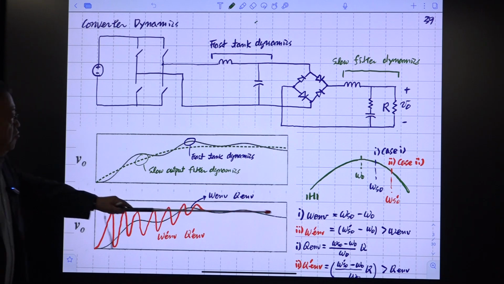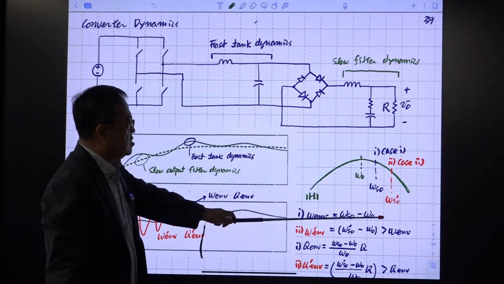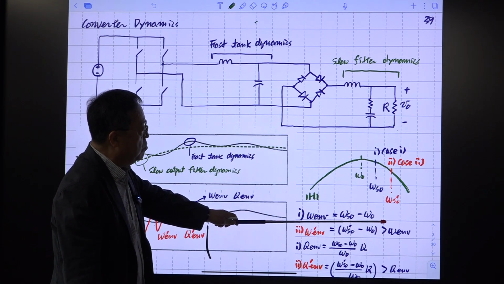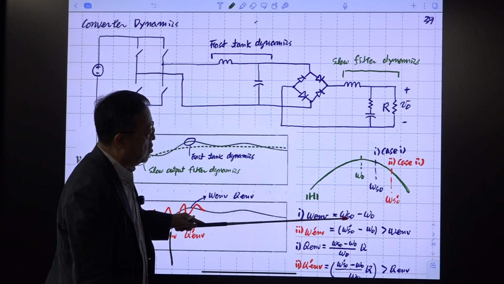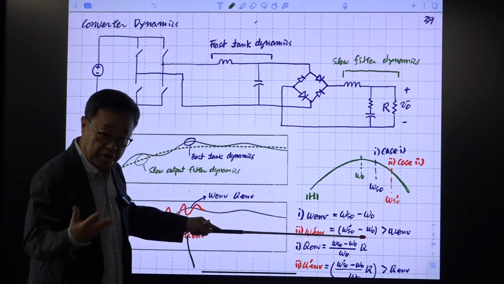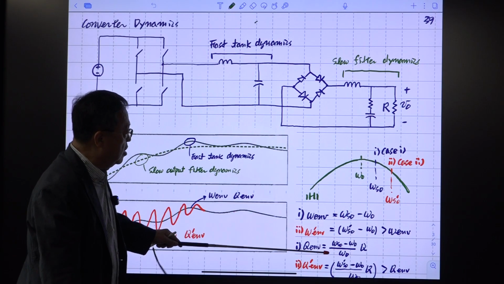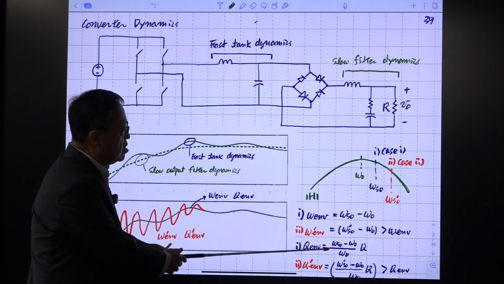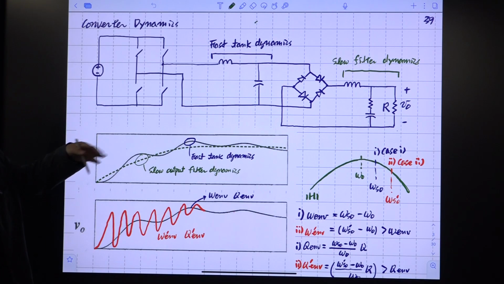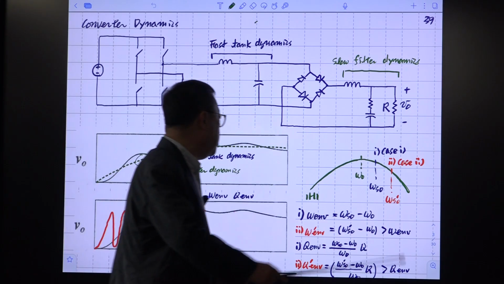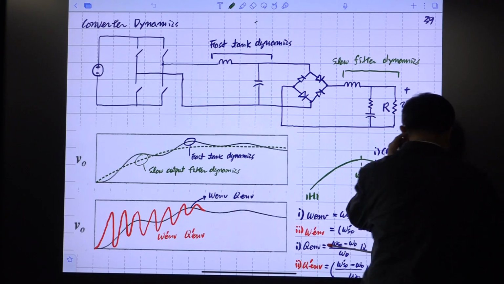So we derived that omega ENB is given by the difference between the unmodulated switching frequency and the resonant frequency of the resonant tank circuit. And this Q ENB is the Q of this resonant tank circuit. Okay, usually the Q is very high. If Q is much larger than 0.5, this approximation becomes very accurate.